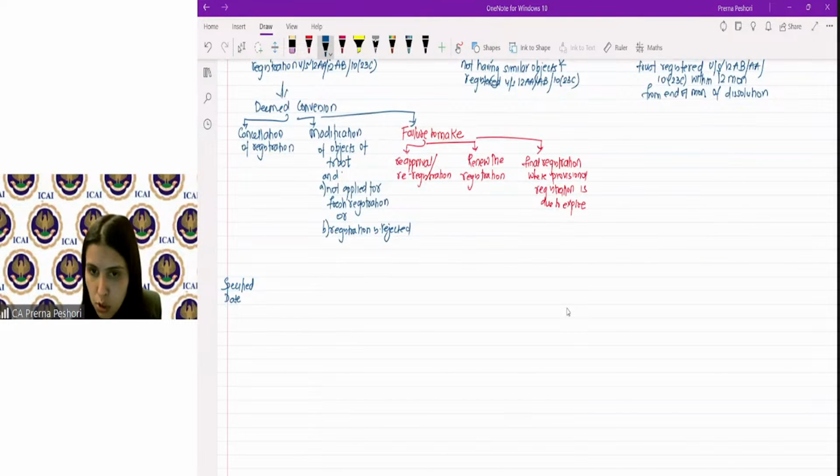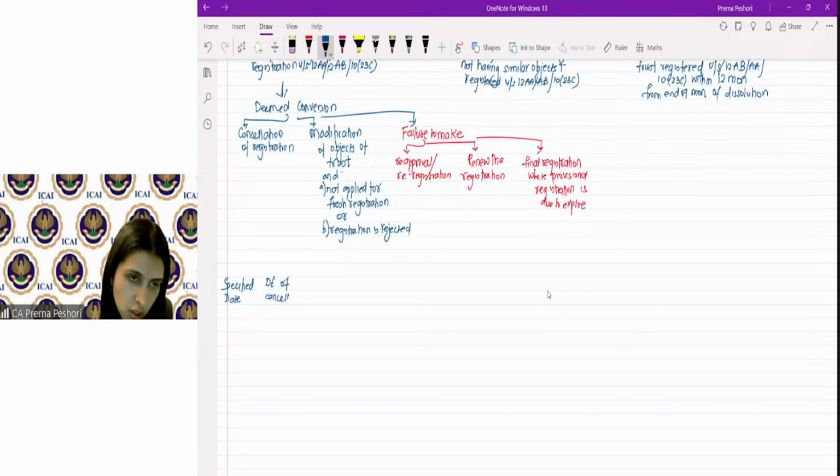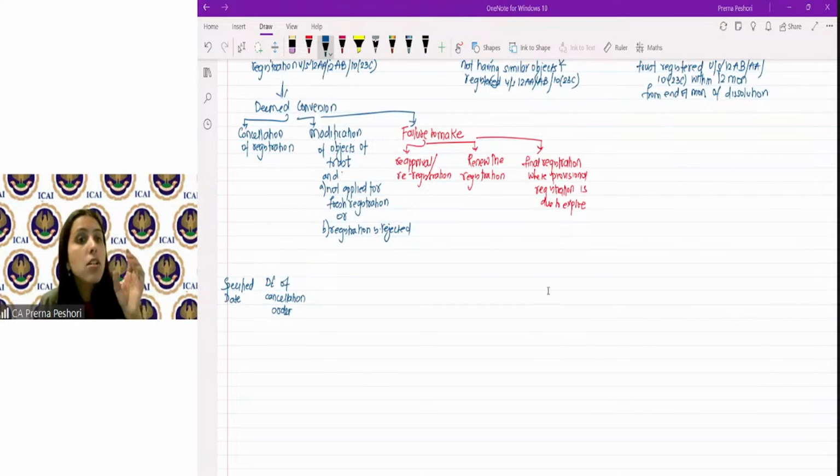If the trust is converted into a form which is non-charitable, where it is deemed to be converted and considered not a charitable institution, then in the first scenario where the registration has been cancelled, the date of the cancellation order will be considered as the specified date when the income will be computed.